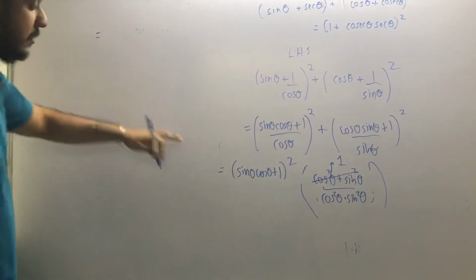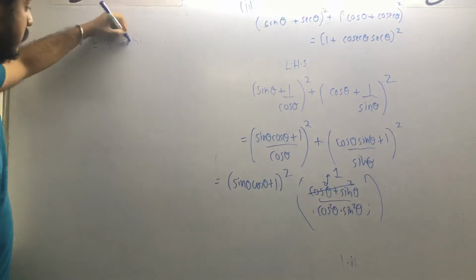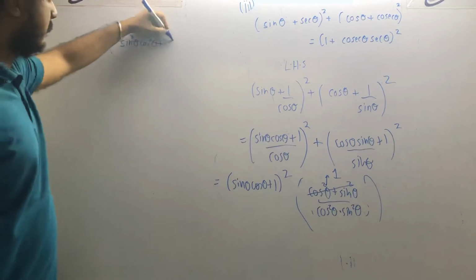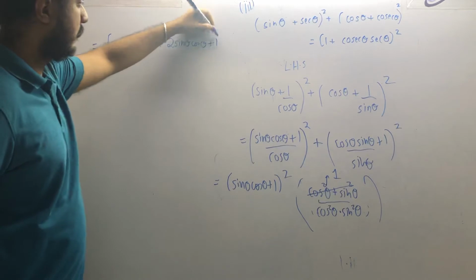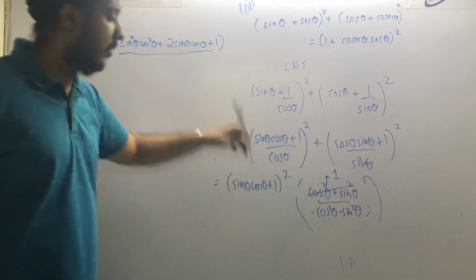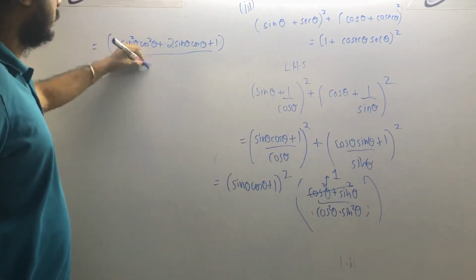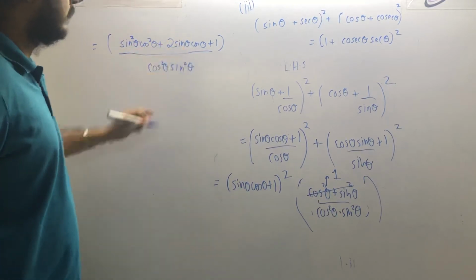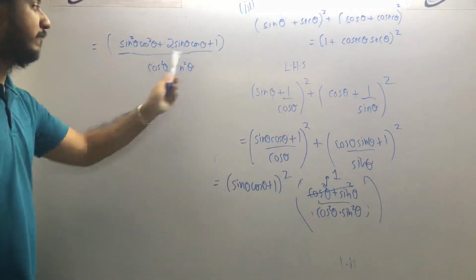So I will just open the whole square. So this shall be, I just open the whole square of this. Okay, what will be on the upon cos square theta. Okay, is it right? Yes. Now open this denominator part.